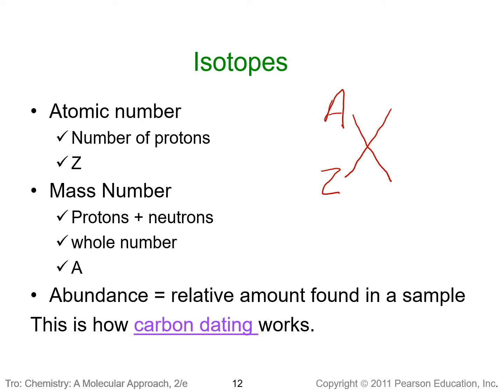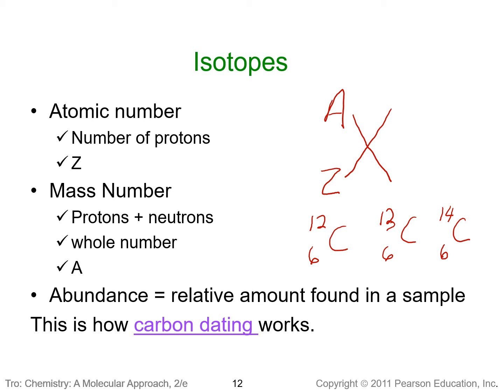So carbon has carbon-12, carbon-13, and carbon-14. And these are different isotopes.